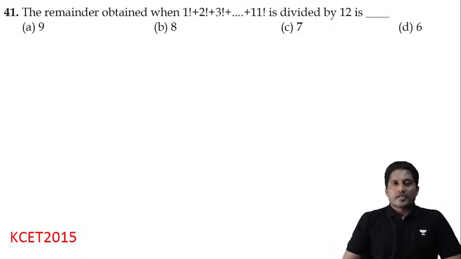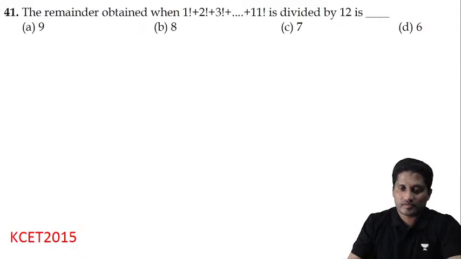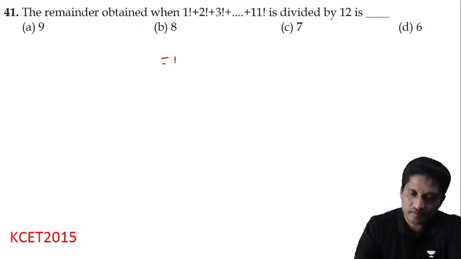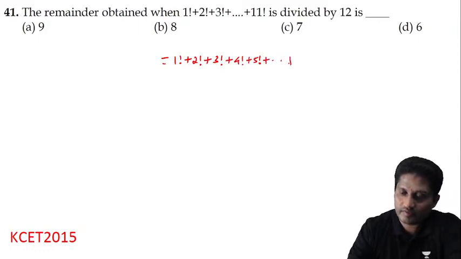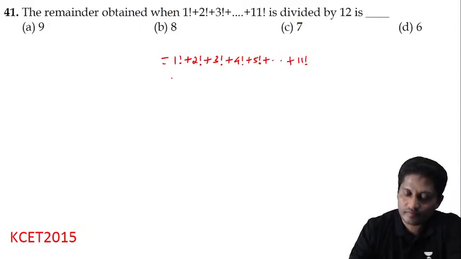The remainder obtained when 1 factorial plus 2 factorial up to 11 factorial is divided by 12. I can write this as 1 factorial plus 2 factorial plus 3 factorial plus 4 factorial plus 5 factorial, so on up to 11 factorial. 1 factorial is 1, 2 factorial is 2, 3 factorial is 6.